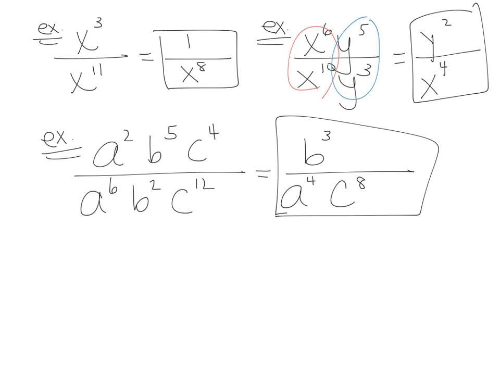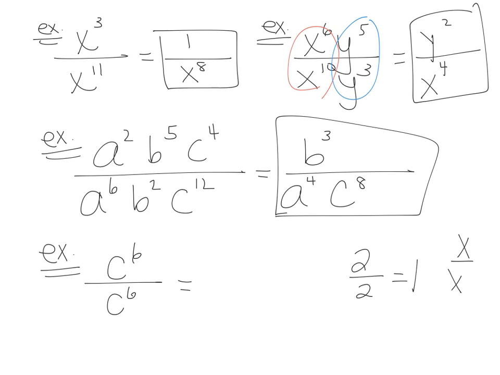I'm done. What if I had this? Oops. c to the 6th over c to the 6th. Bigger exponent, where is it? Well, it's nowhere because they're the same. So when they're the same, think about it logically. What's 2 divided by 2? 1.